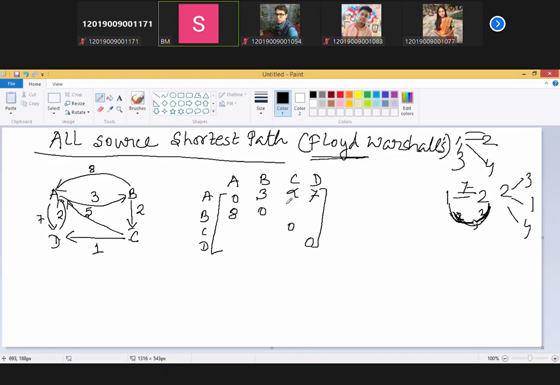B to C is 2. B to D, no connection. C to A is 5. C to B, no connection. C to D is 1. D to A is 2. The rest are infinity. Okay, this is your initial adjacency matrix.